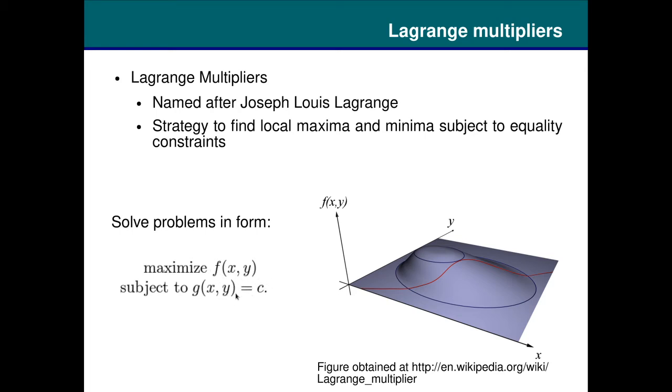Here we've got some constraint equal to C. This is just an example in which we've got some optimization function, f of x, y, in kind of bluish gray, I'm not sure. And here we've got a constraint, g of x, y. This constraint could be, for instance, this linear constraint in red.